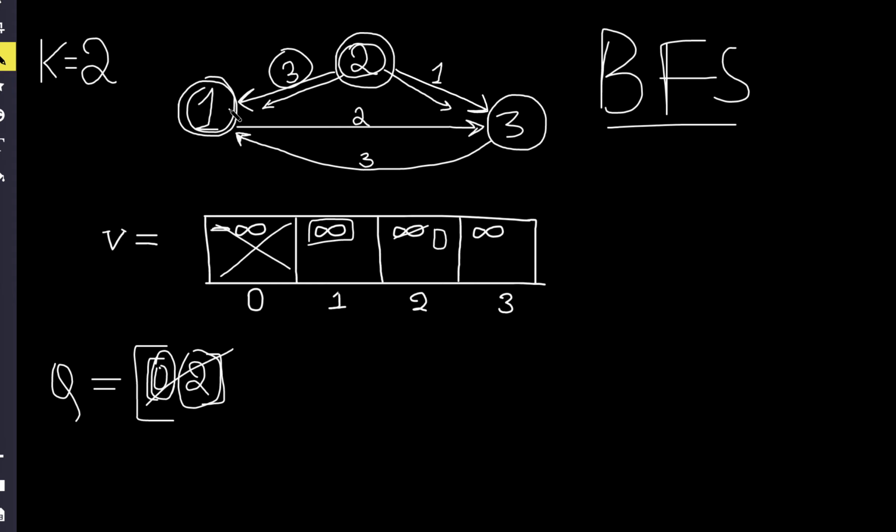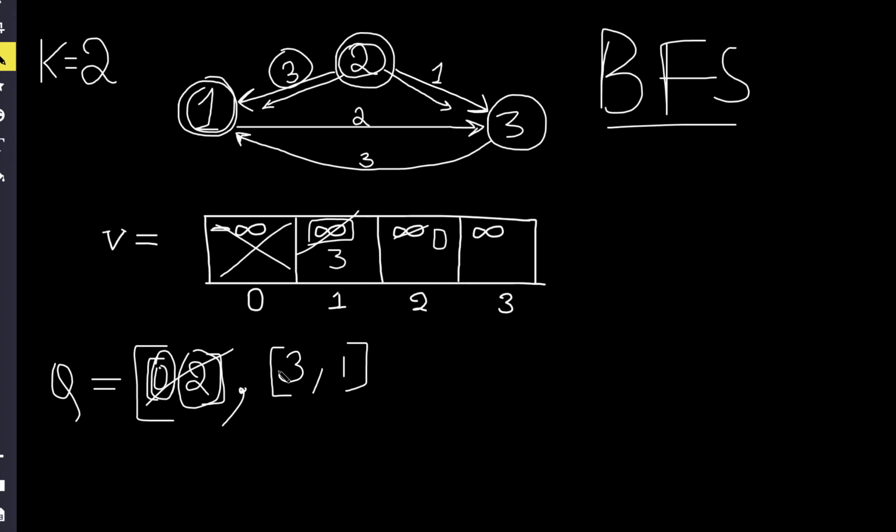No, it is greater: infinity is greater than 3. So we will update the value to 3, then we will add it to our queue, so that we can process the further children of 1. So we will update it like this. We can reach 1 in 3 time.